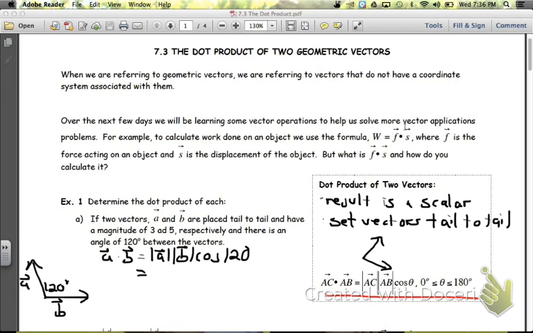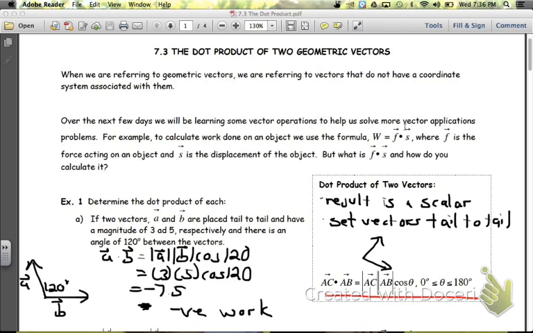So the magnitude of A is 3, the magnitude of B is 5, and cos 120. When we solve that, we get negative 7.5. What does that negative mean? That negative means there's negative work.